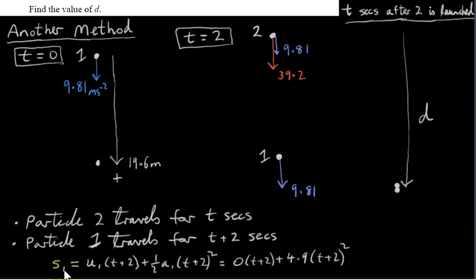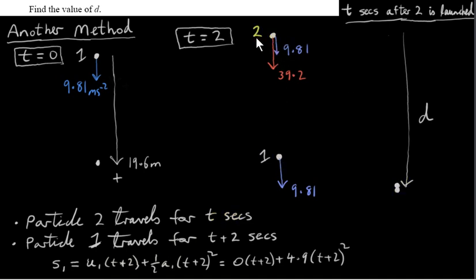s1 is the distance travelled by particle 1 when it collides. That's equal to its initial velocity, which is 0 because it was dropped from rest, times the time taken for it to collide, which is t plus 2, where t is the time taken for particle 2 to collide.